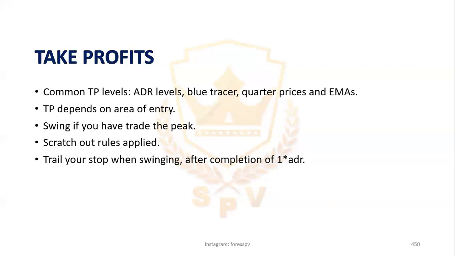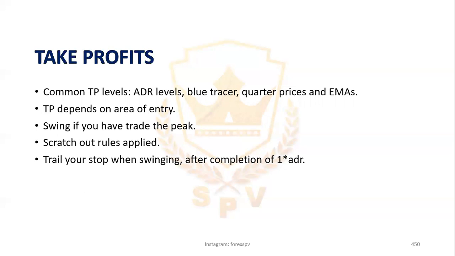And we have the take profit phase. Always have your target exit strategy. So the common take profit levels that I use are the ADR levels and the blue tracer sometimes on these pairs like gold or USDZAR, USDMXN.